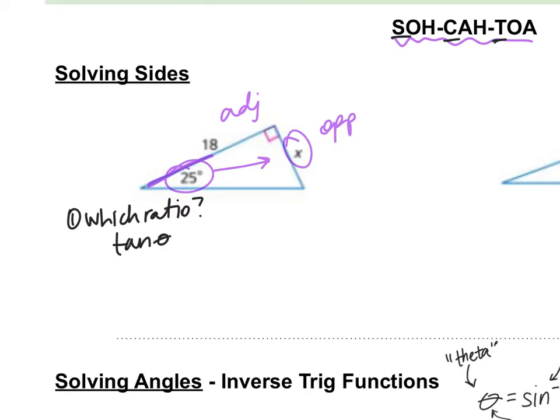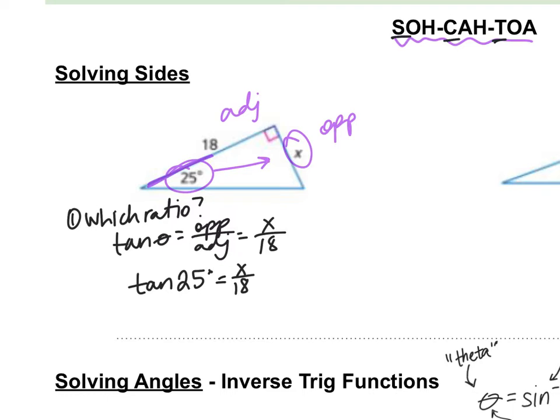The tangent of theta, or my angle, is going to equal opposite over adjacent. In this case, opposite over adjacent is x over 18. So the tangent of this angle is the ratio of these side lengths, opposite over adjacent. Now, in order to solve, we're going to take our angle measurement of 25, plug that in for theta, and then set it equal to our ratio, x over 18.